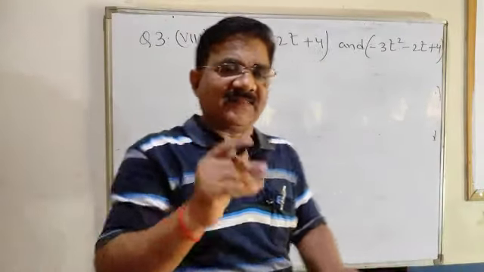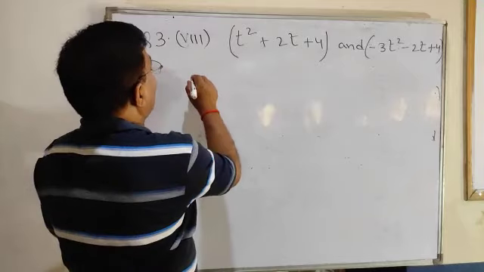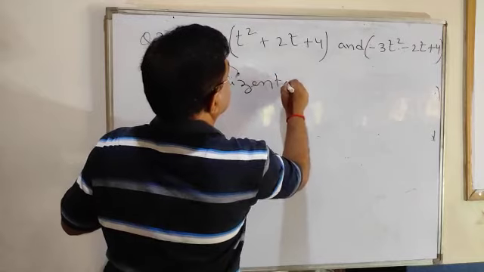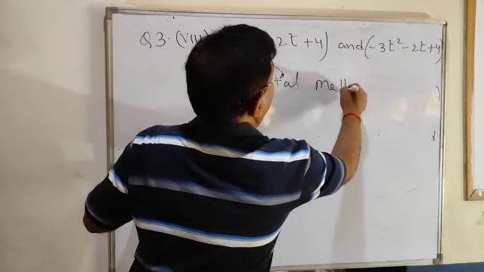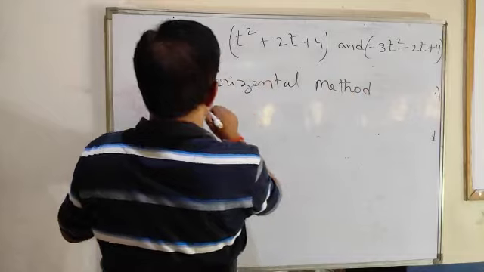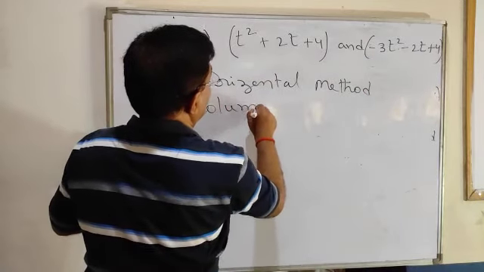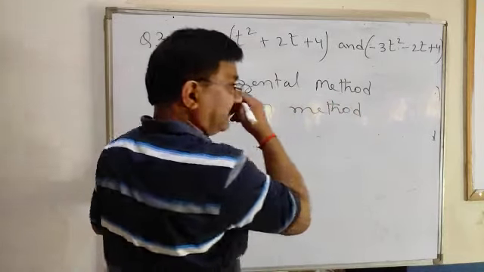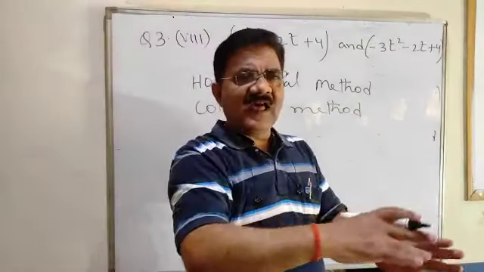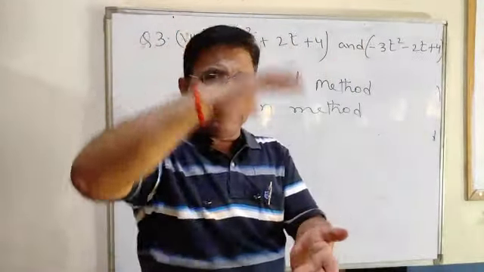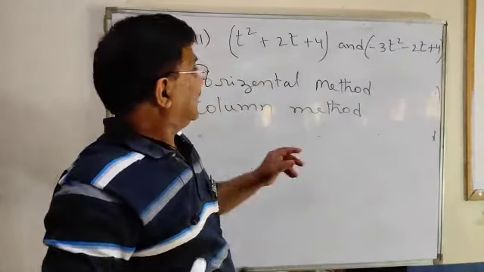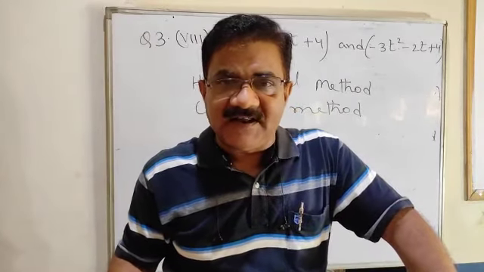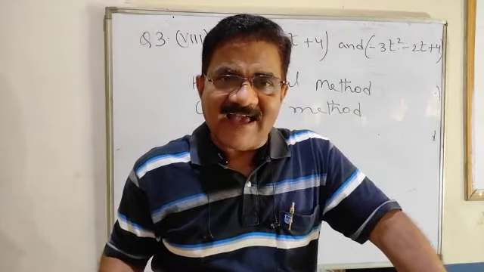Now, two methods are there in addition: the horizontal method and the column method. Both methods we will discuss. Horizontal means straight and column means up and down. Though in the question the method is not written, so either method you can use.